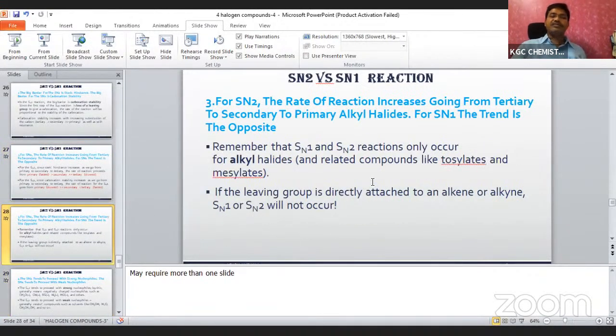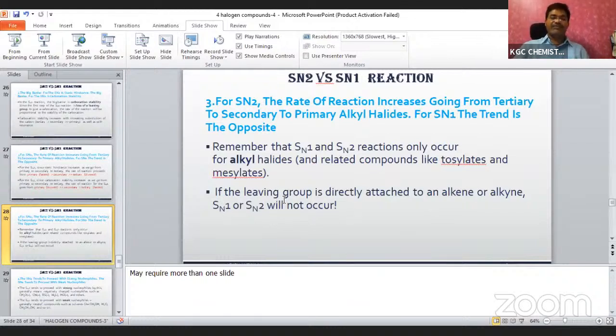Remember that SN1 and SN2 reactions only occur for alkyl halides and related compounds like tosylates and mesylates. If the leaving group is directly attached to an alkene or alkyne, SN1 and SN2 will not occur. Remember, this is an important part.